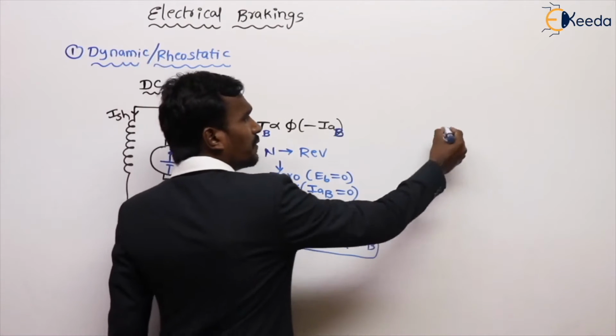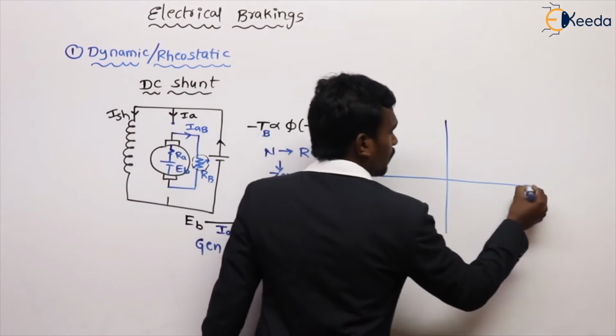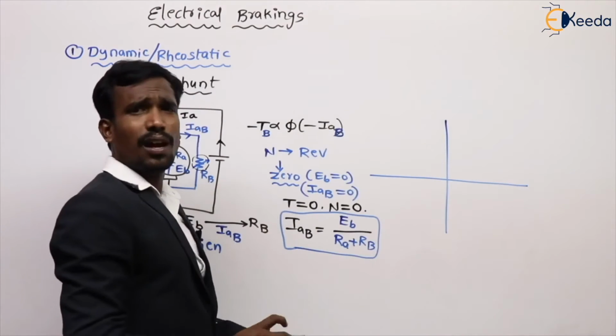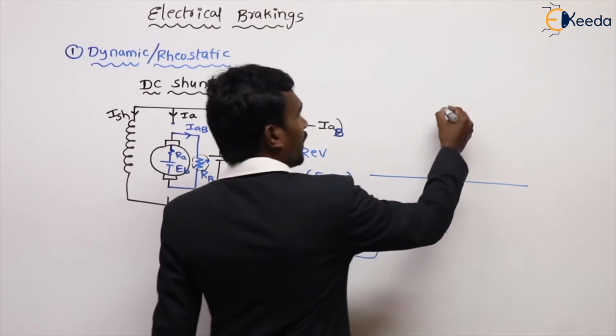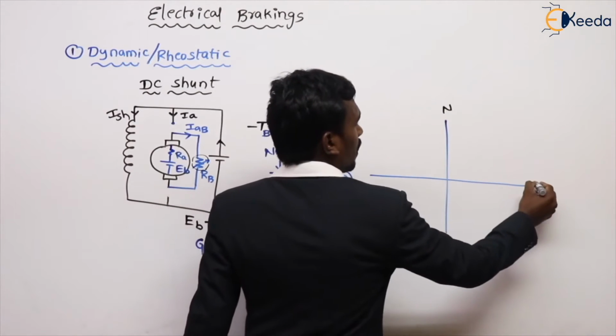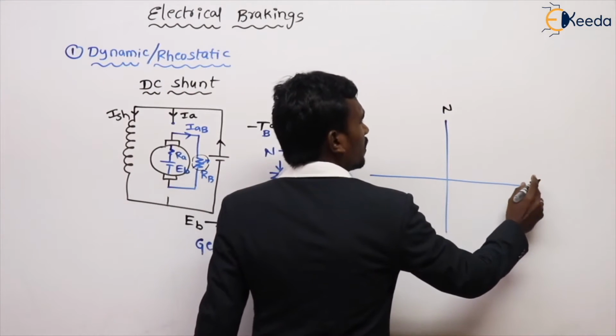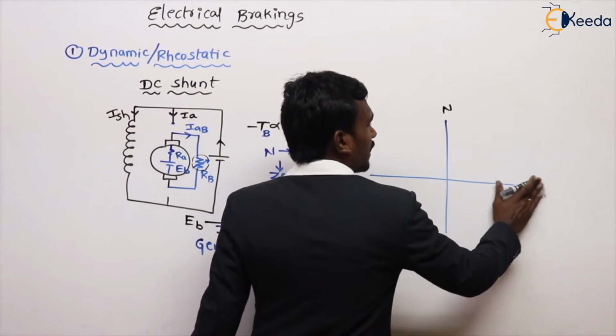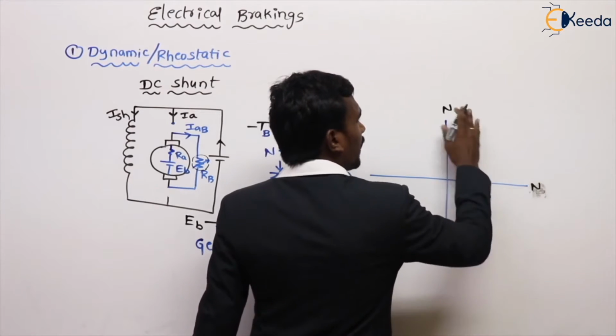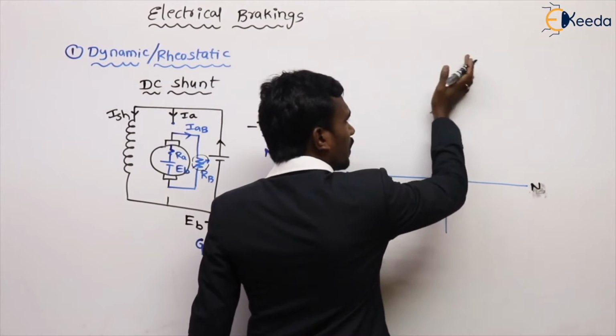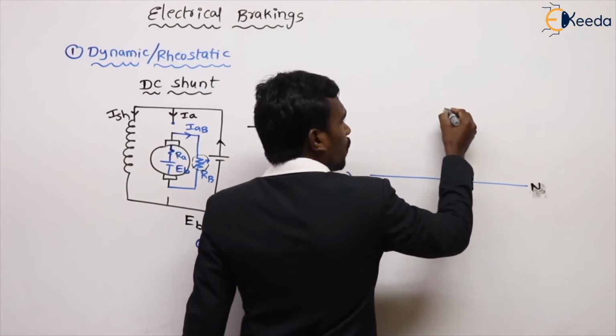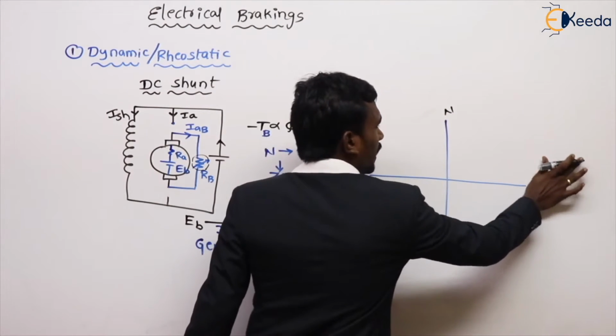Now let's draw the graph. I'm going to draw the graph between speed and armature current, or speed and torque. Let's take speed and torque.